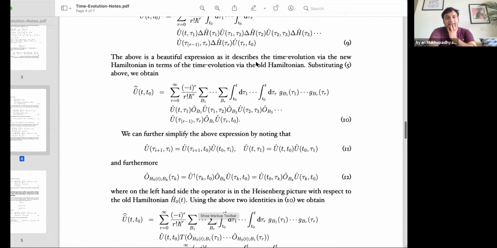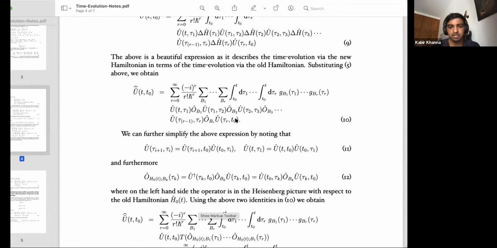Yeah, I'm sorry. I think I should have. Oh no. So this is wrong. Sorry. Thanks for pointing this out. These integrals should not have gone from t0 to t. They should have gone from, oh sorry, t0 to tau something. t0 to tau1, t0 to tau2. Exactly.